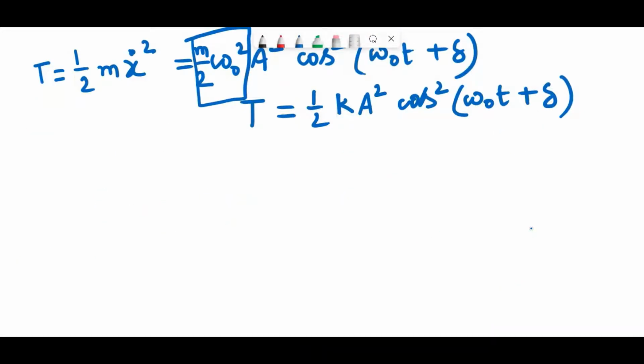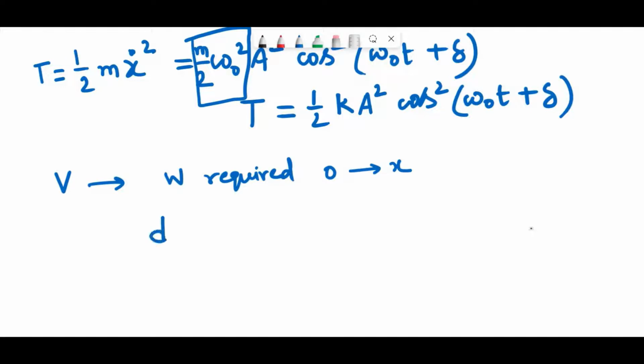What about the potential energy? The potential energy is basically the amount of work that is required to extend the spring from position 0 to x. So the amount of work required to pull the mass attached to the spring from 0 to x. That's our potential energy.